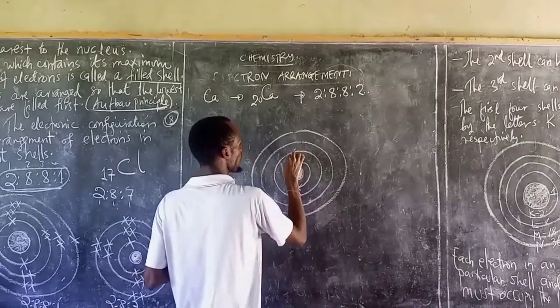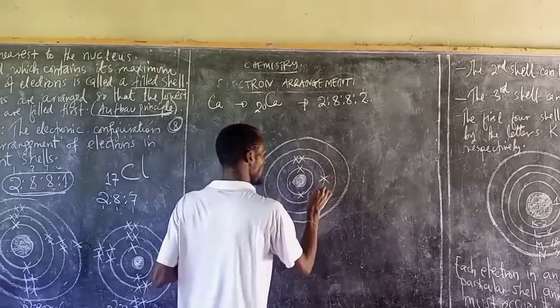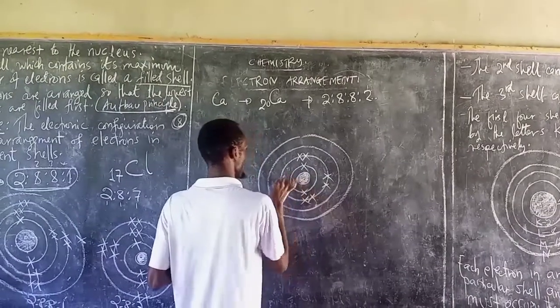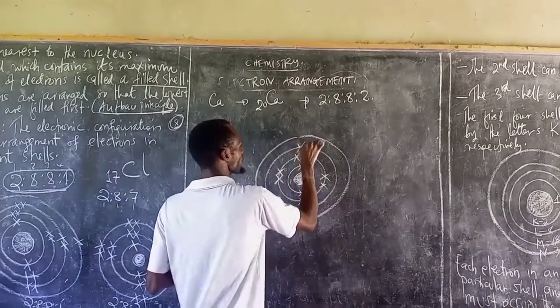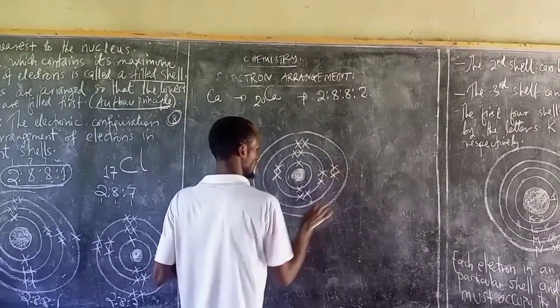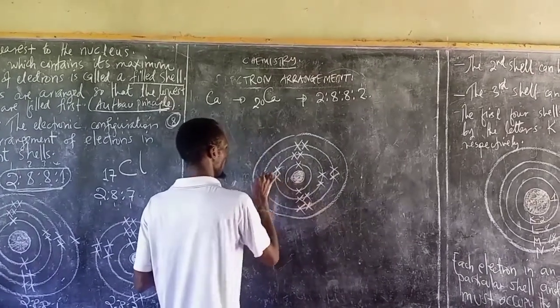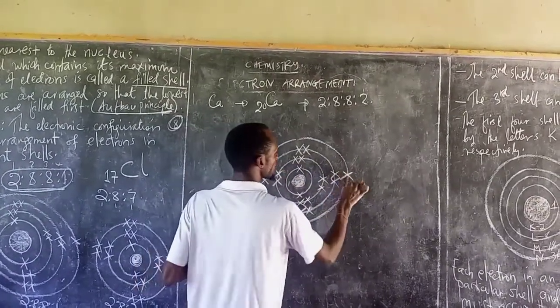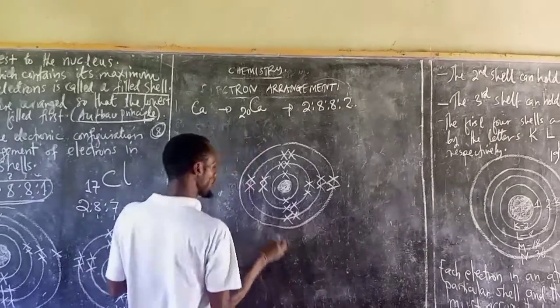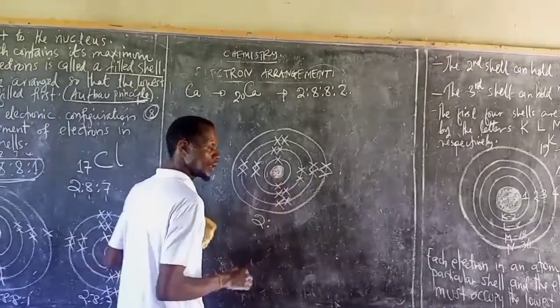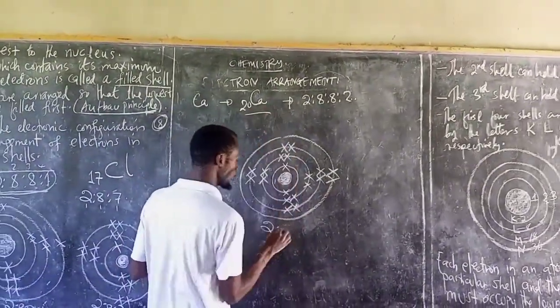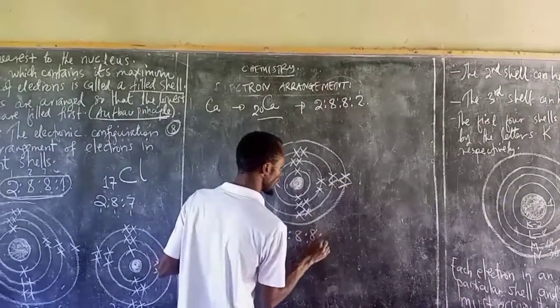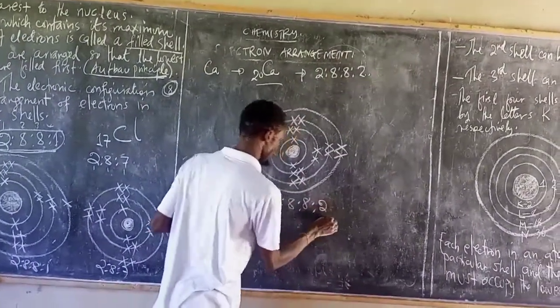The second occupies 8 electrons, 4 pairs. And the third one, the same thing. And the last one, we're talking about 2 electrons. Now, this is the electronic configuration of calcium: 2, 8, 8, then 2.